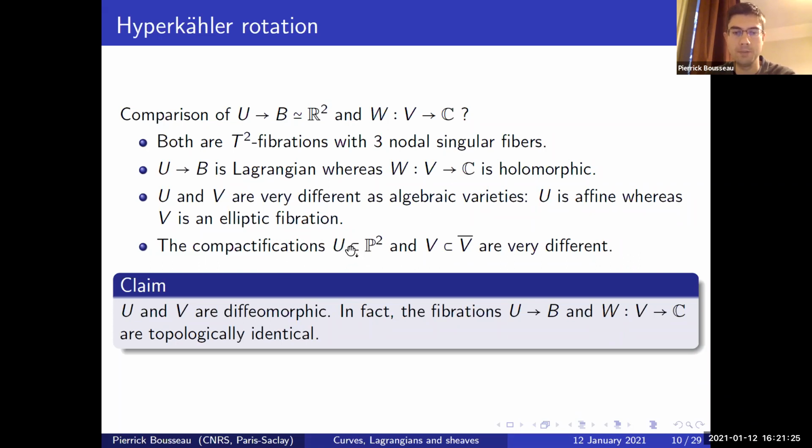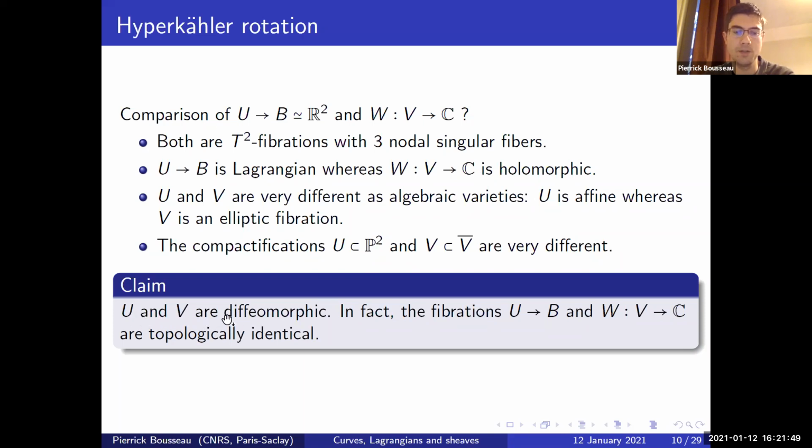And correspondingly, the natural compactifications, complex or algebraic compactifications of U and V that I've introduced are very different. U compactifies in P2 by adding a smooth elliptic curve at infinity, and V compactifies in V bar by adding some I9 fiber at infinity. Nevertheless, the claim, which in fact is a relatively easy claim, is that topologically, or from the point of view of differential geometry, U and V are the same.